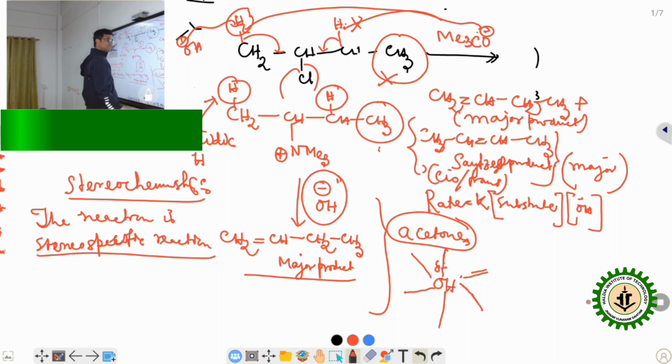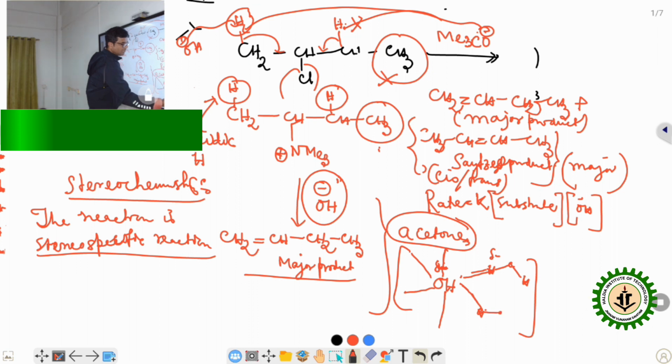If I use polar protic solvent like water, this OH minus will be solvated by the delta plus of the polar solvent, and the rate of abstraction by base will be hindered.